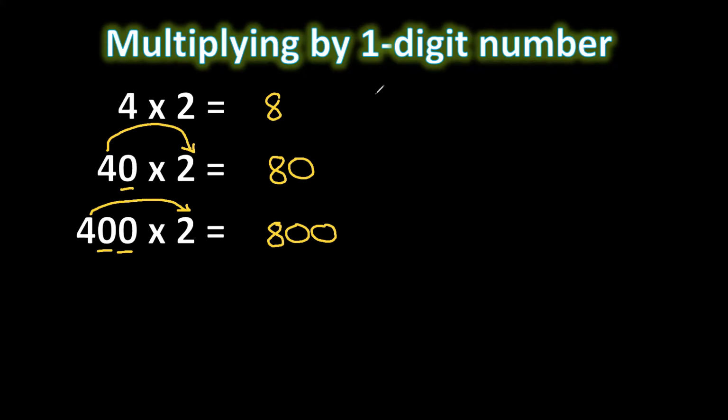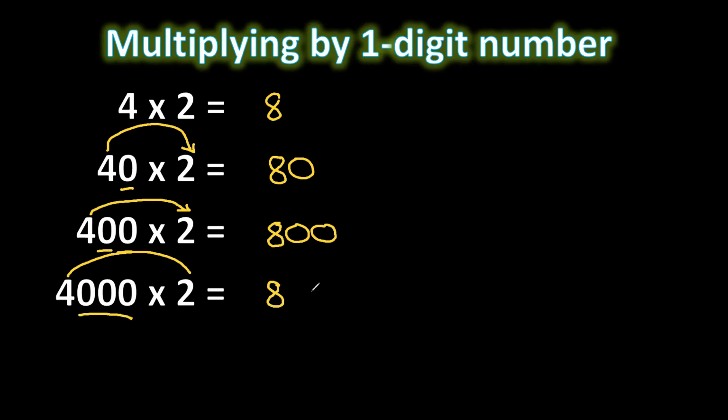How about 4,000 times 2? The same thing, 4 times 2 is equal to 8. Then copy the zeros. 1, 2, 3. So we have 8,000. 4,000 times 2 is 8,000.